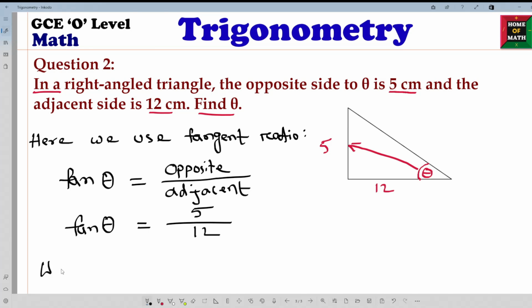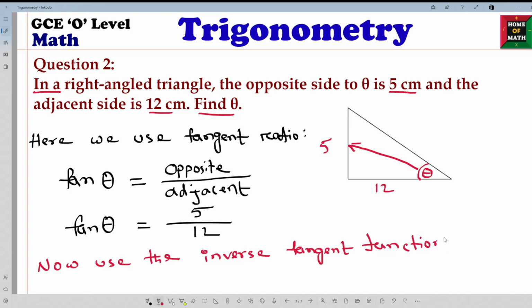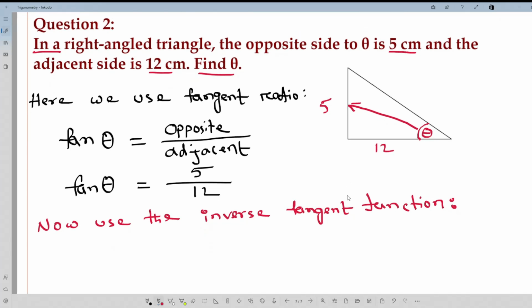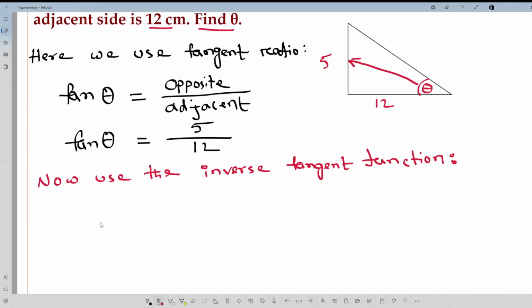Now we need to find out theta, so we can use the inverse tangent function. So theta equals tan inverse of 5 divide 12.